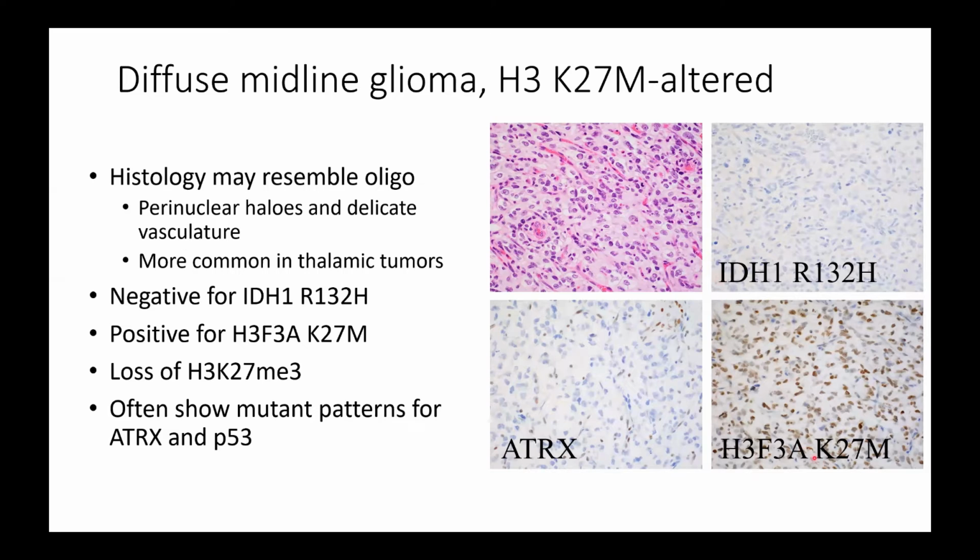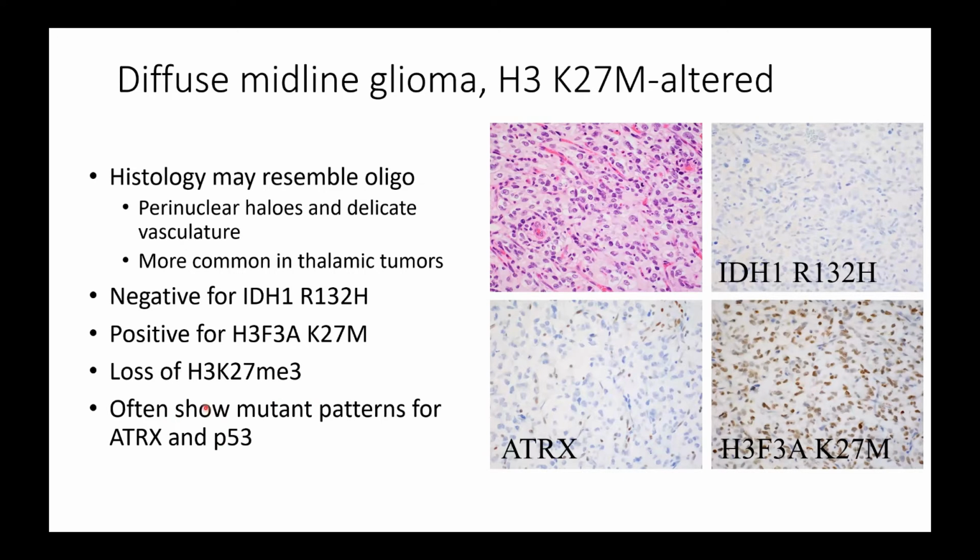The result of this mutation is a loss of trimethylation at this very same residue. So if your lab has the trimethylation marker for H3K27, that's something that can be used as an adjunct, and it will show loss of expression. So that can be very helpful in many instances. If this antibody is not present or doesn't work, it can be fairly finicky in some labs.